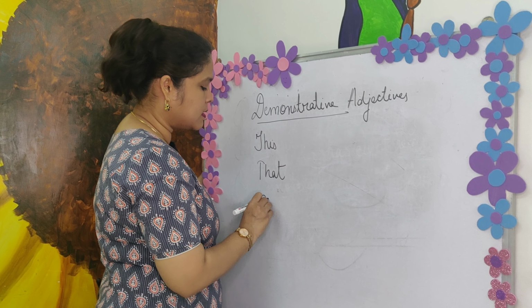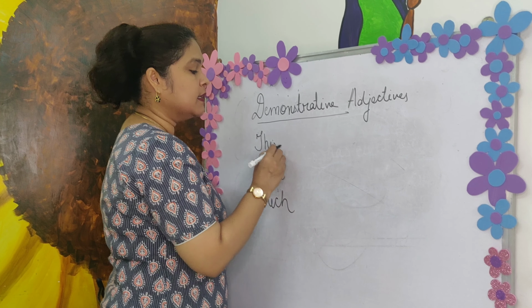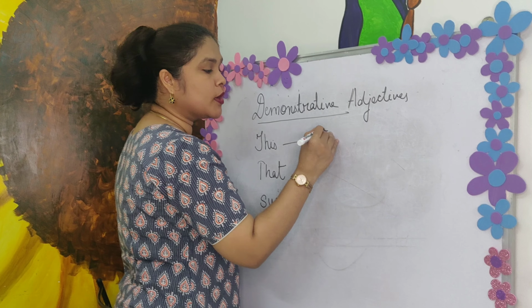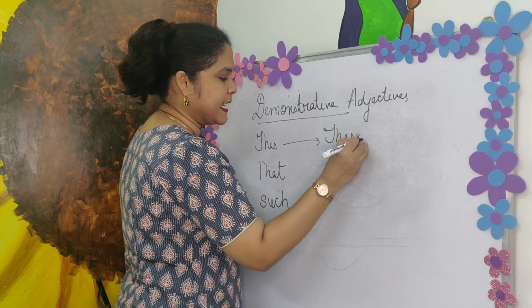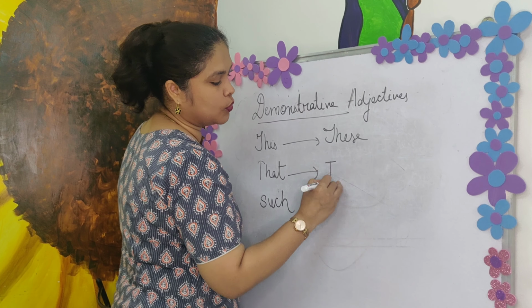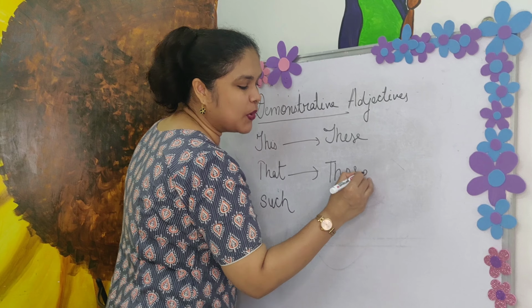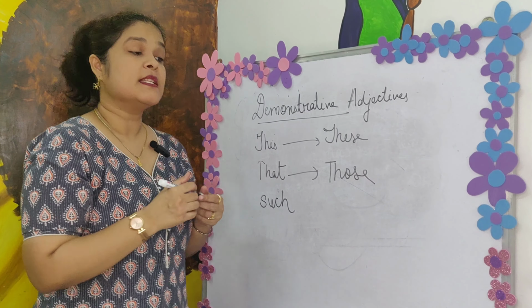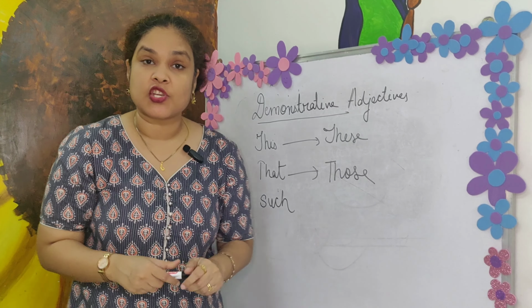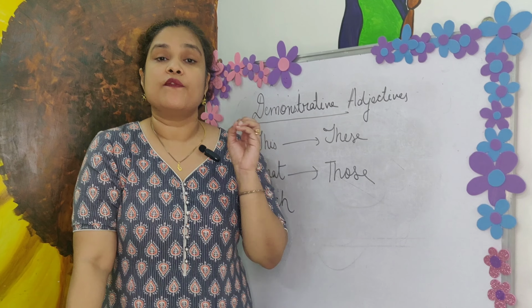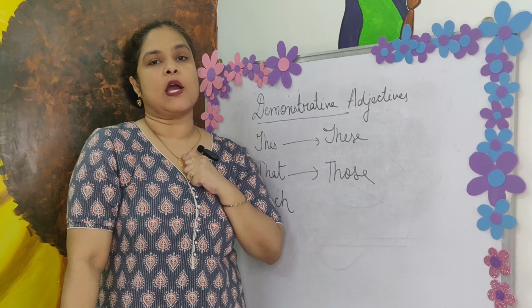Also words like such. The plural of this is these, and the plural of that is those. So this, that, these, those and such. These are words which are used to point out something.